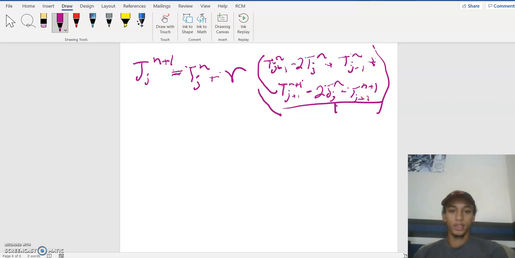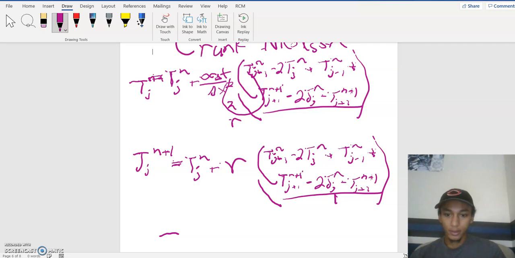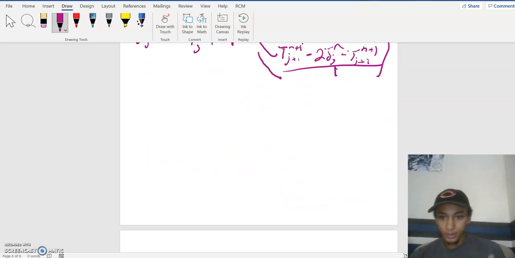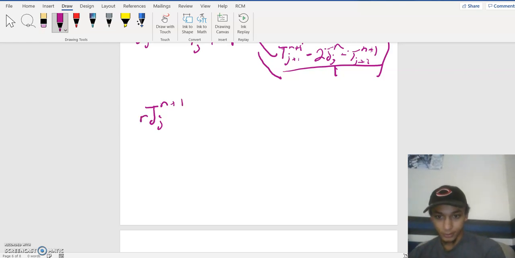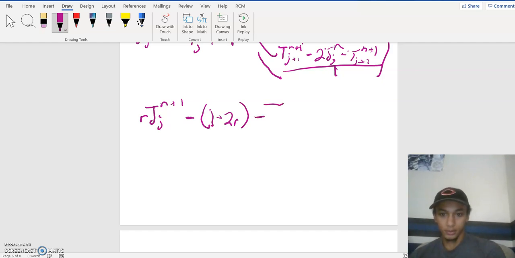So we're going to move the Tj n's and the Tj n plus 1s to different sides. And as we do this, we get Tj n plus 1 with R in front, 1 plus 2R, so you minus that. I believe it is still Tj minus.